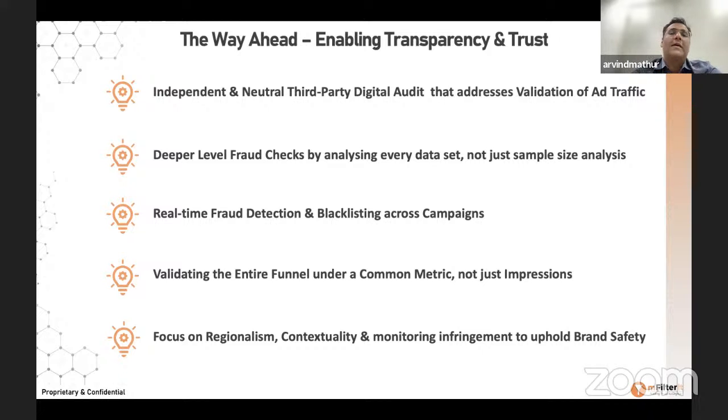We are more of a technology company that helps you validate ad fraud, and hence we become a neutral party in this entire game. And there's a much deeper sense of data that we have when you work across brands and their different KPIs. So what levels you should track, what kind of system you should set up, are discussion points that we have with brands day in, day out.